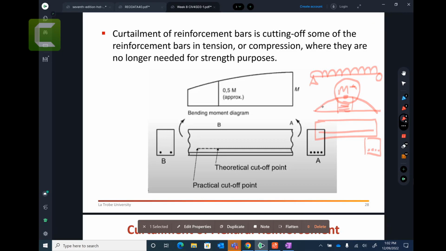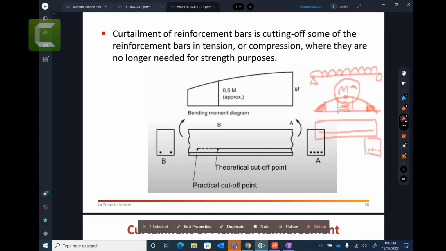But what about these ends here? Look at this. These are very tiny moments. These moments are very small. You don't need 4 bars here. So the standards allow you to make curtailments. As I mentioned, the standard is saying that you can cut off your bar when your moment is less.